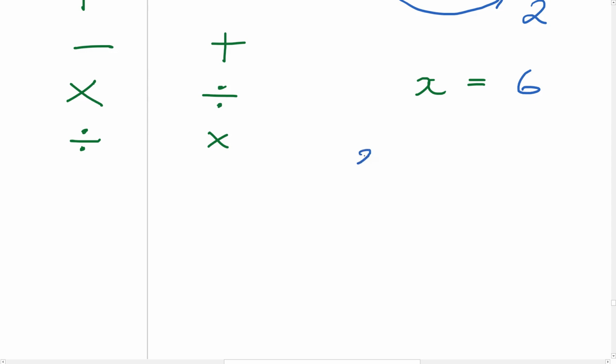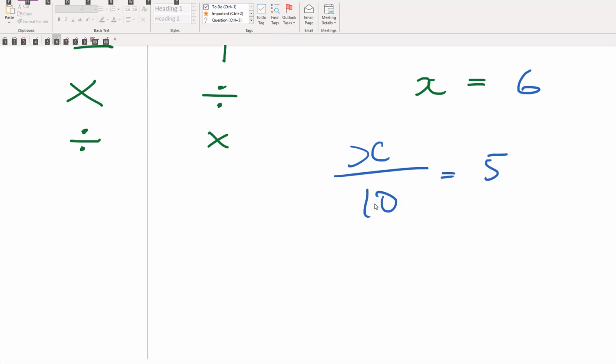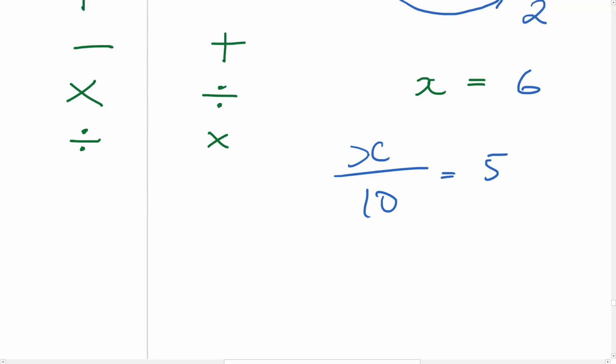Let's try x over 10 equals 5. So something divided by 10 equals 5. What's that something? With this sort of equation, you want to isolate x, make x by itself. So you want to move any number away from this side of the equal sign to the other side.